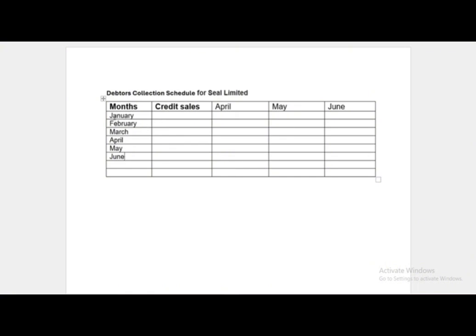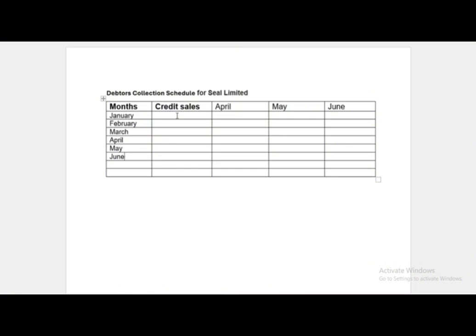We're going to calculate the credit sales for January, February, March, April, May, and June. Because remember, as you collect, you are collecting from credit sales. Cash sales you already collected when you sold. So right now, I want us to calculate our credit sales.